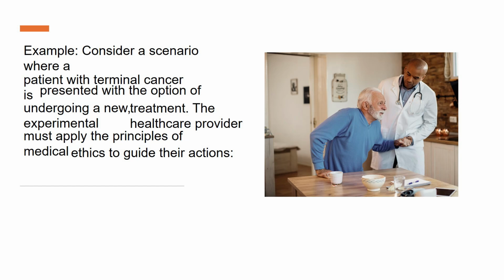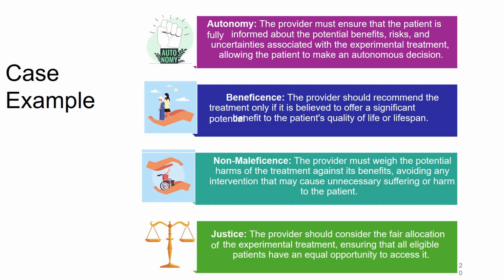Consider a scenario where a patient with terminal cancer is presented with the option of undergoing a new experimental treatment. The healthcare provider must apply the principles of medical ethics to guide their actions: autonomy, beneficence, non-maleficence, and justice.